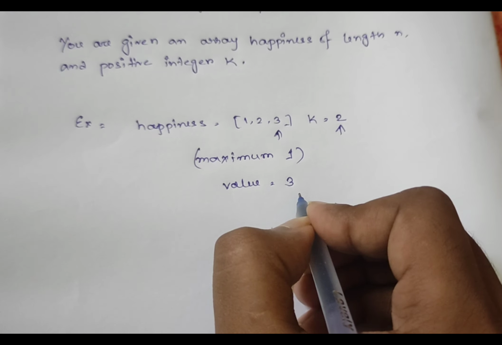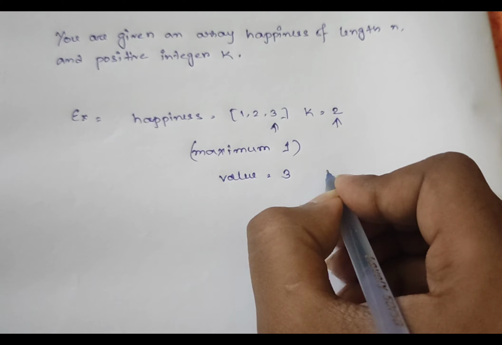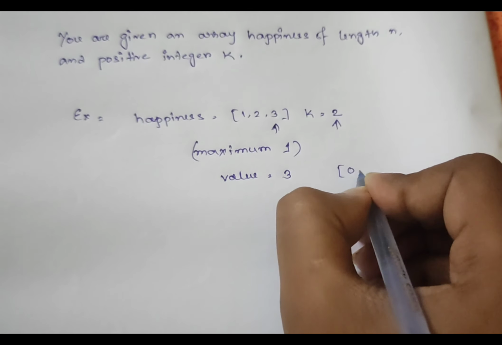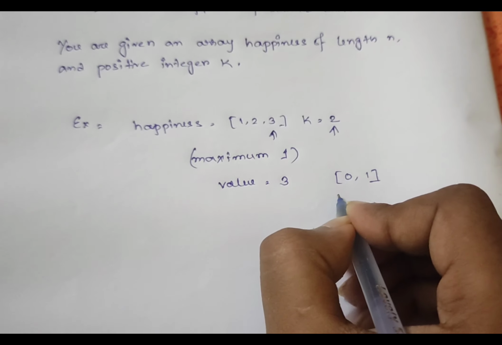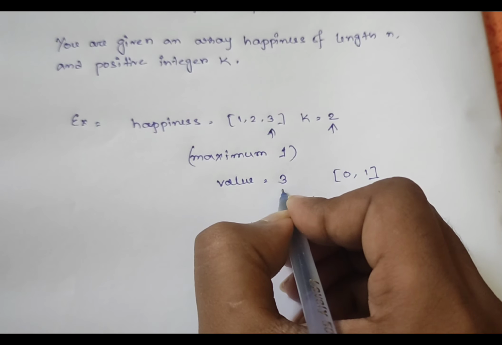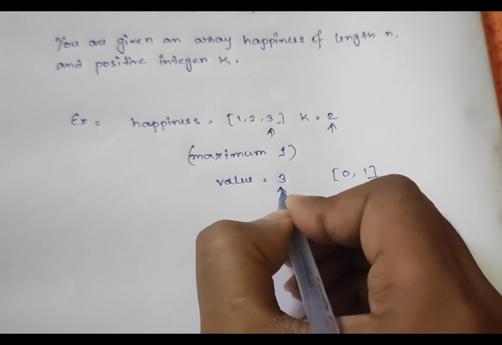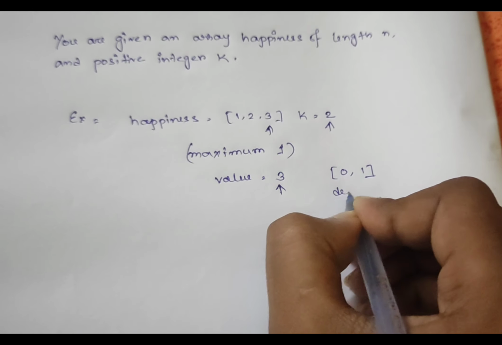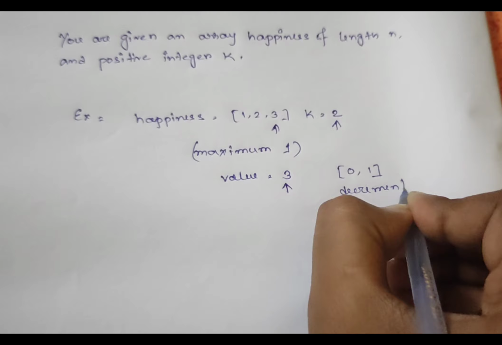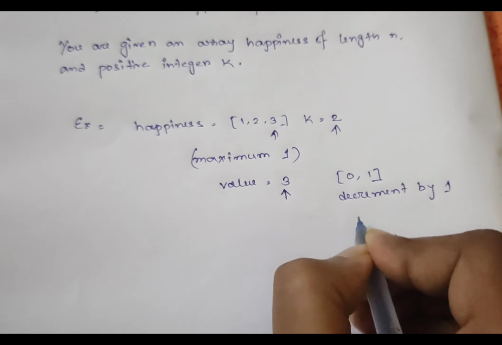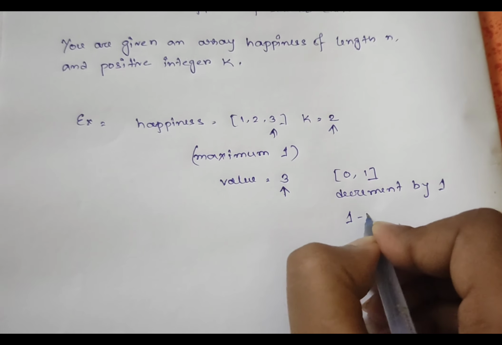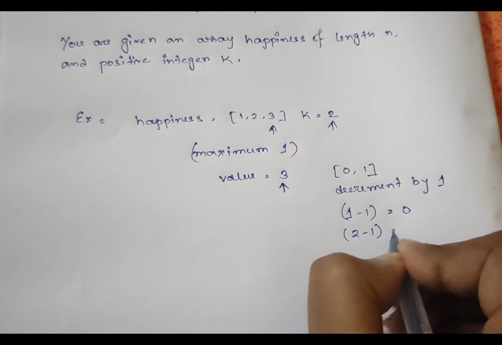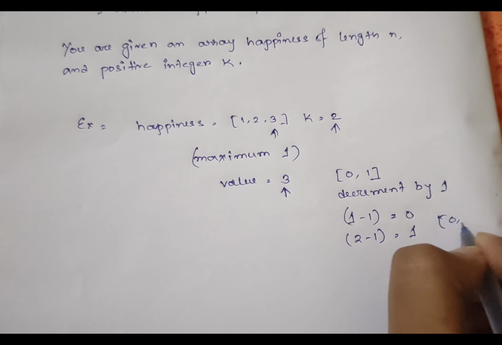The happiness values of the remaining children are 0 and 1. Why? Because when you pick the maximum value, the happiness of the other children is decremented by 1. So 1 is decremented by 1, so it becomes 0, and 2 is decremented by 1, so it becomes 1. So 0 comma 1.